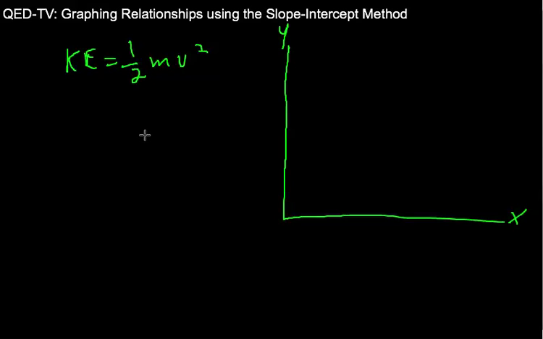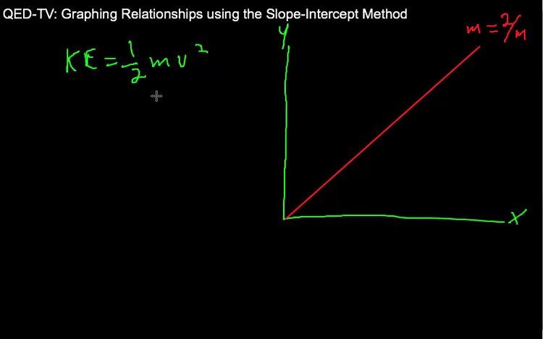What would I graph if I need to get a slope that is equal to 2 over m? What would we graph on the y and the x to have Excel generate a slope that would be 2 over m to see if this kinetic energy law is correct? So I need to get 2 over m.